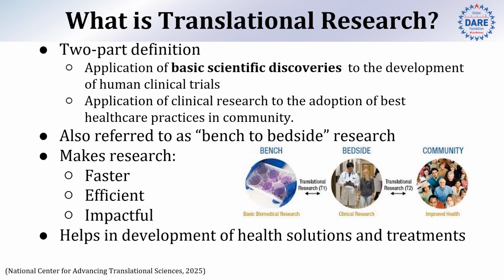For example, in adult refsum disease, researchers observed that high phytanic acid levels in the blood were linked to worsening neurological symptoms in the disorder. And this led to studies on dietary management and new therapeutic approaches. I'll expand on this example later in this module.